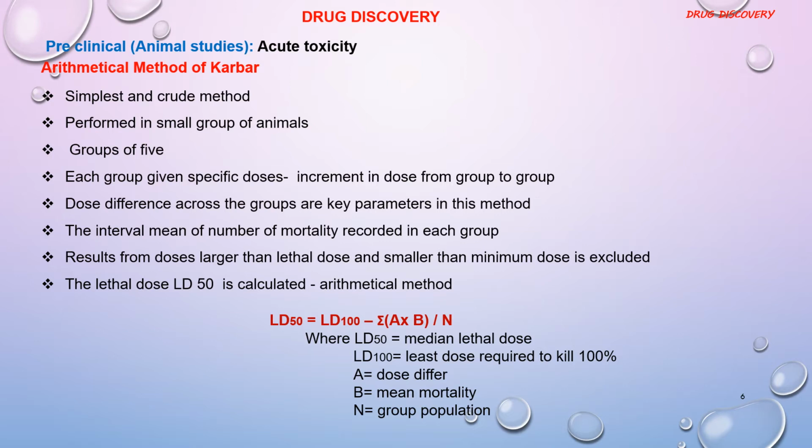Here, the difference between the doses given to each group is a key parameter for calculation of the LD50 value. The mean number of mortalities is recorded for each group, and the lethal dose LD50 is calculated by the formula given below. The results from doses larger than the lethal dose and smaller than the minimum dose are excluded from the study.